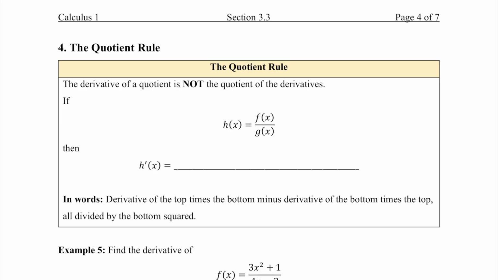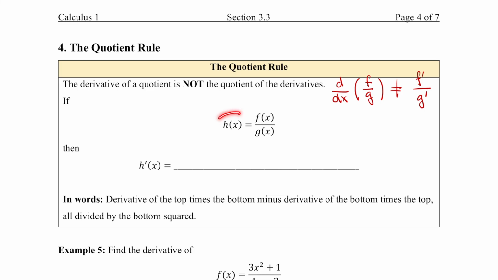Let's begin with an important idea. The derivative of a quotient is not the quotient of the derivatives. In other words, the derivative of f over g is not f prime over g prime. Instead, we must use the quotient rule.